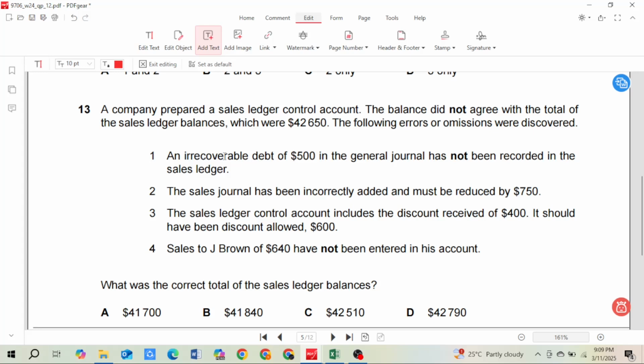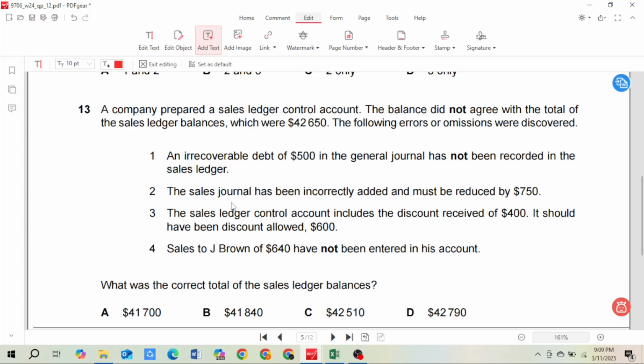Number one, an irrecoverable debt of 500 in the general journal has not yet been recorded in the sales ledger. Number two, a sales journal had been incorrectly added and must be reduced by 750. The total we added is 750 too high, so that needs to be reduced.